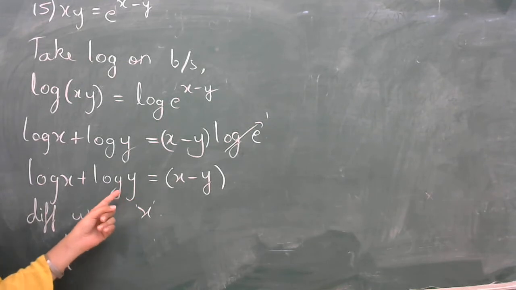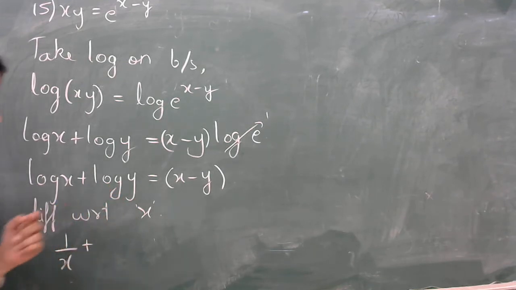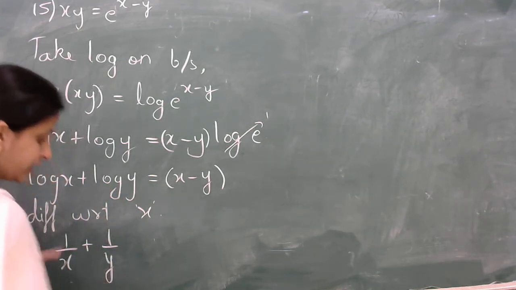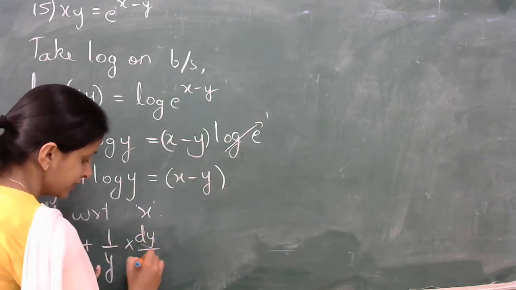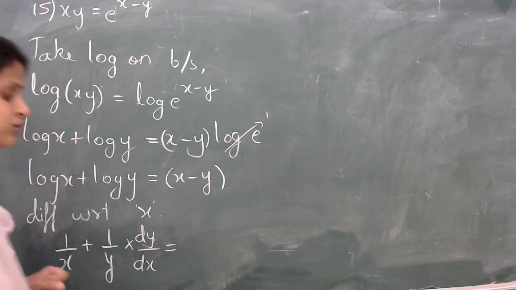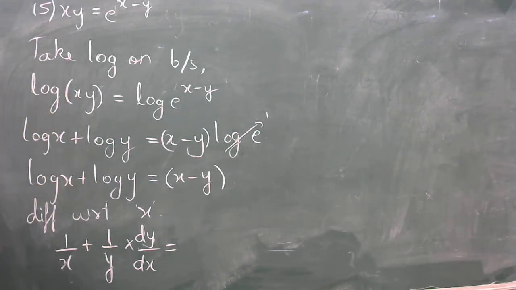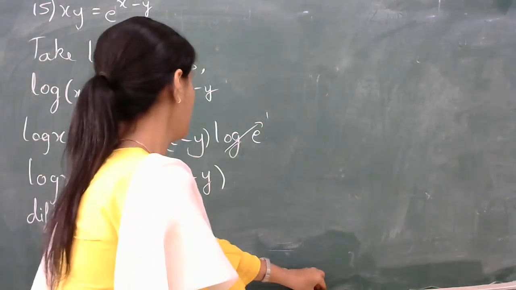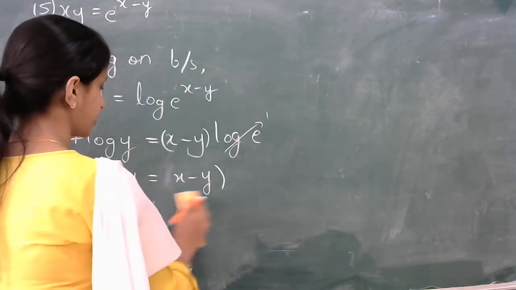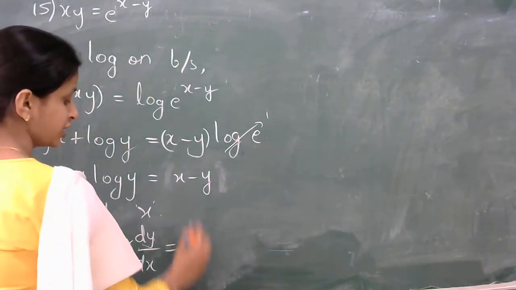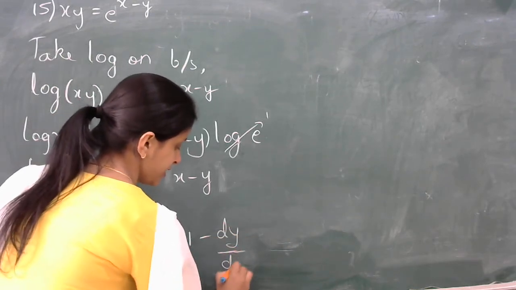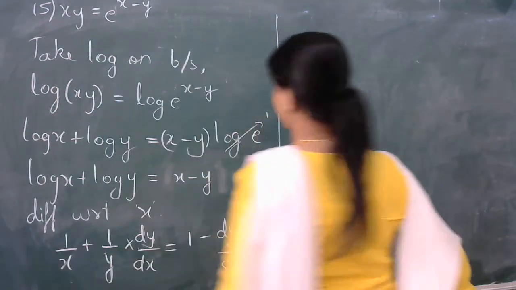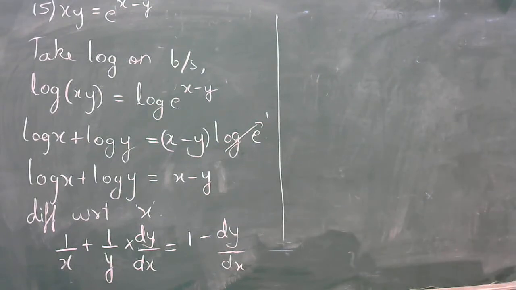If you are going to differentiate this log y with respect to x, first of all you will differentiate it, 1 by y into dy by dx. Now here, what is differentiation of this term on the right hand side, students? Differentiation of x is 1. Differentiation of y will be dy by dx.